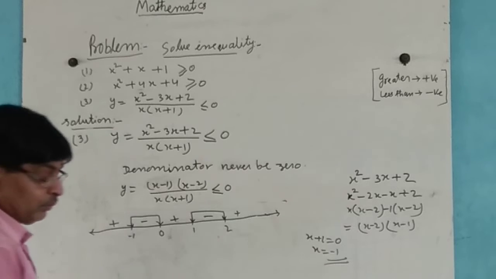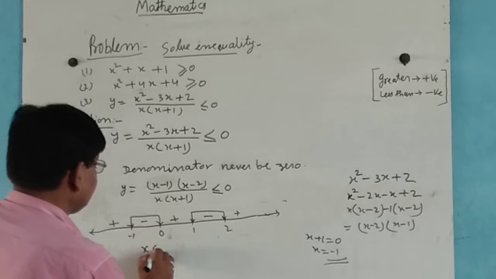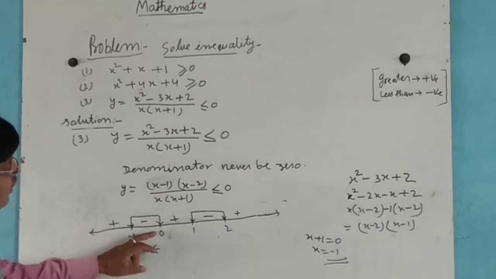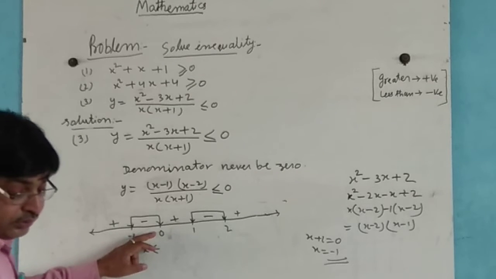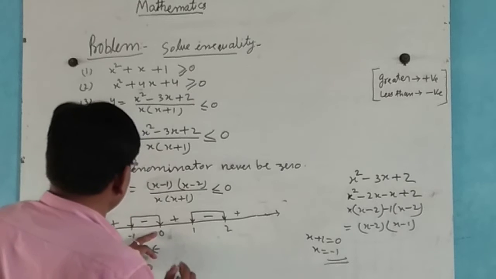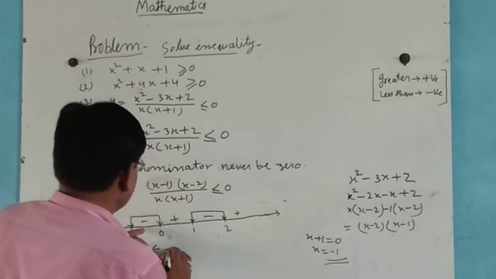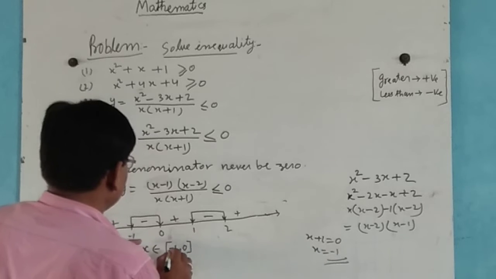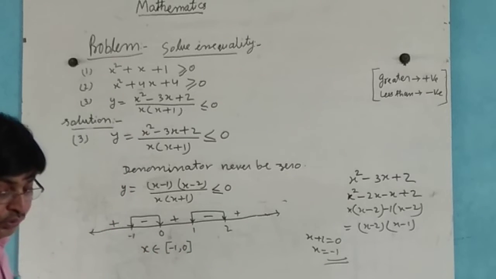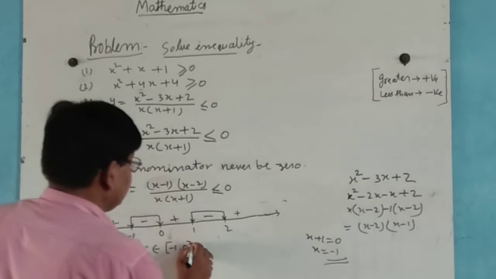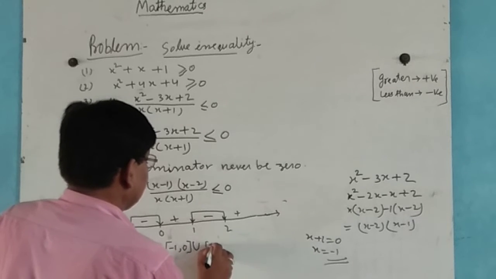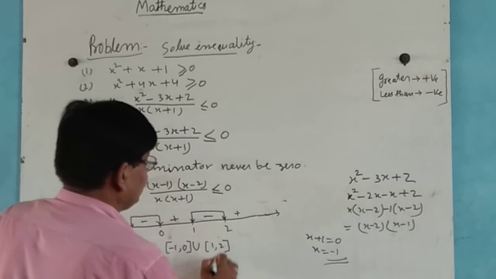Now x belongs to the closed interval -1 and 0, union 1 to 2.